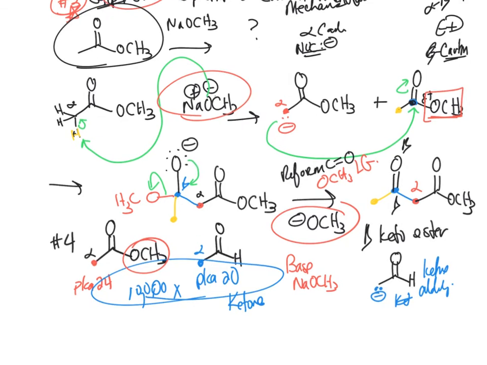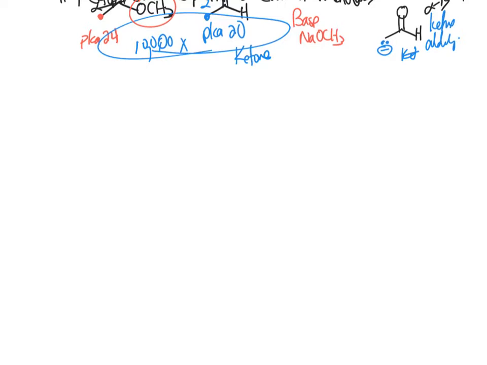Okay, so now we're going to page 282. We're dealing with B. Draw the enolate form from the ester and the ketone shown below. Explain why the ketone has a lower pKa than the ester. All right, well, we got to draw resonance, right?